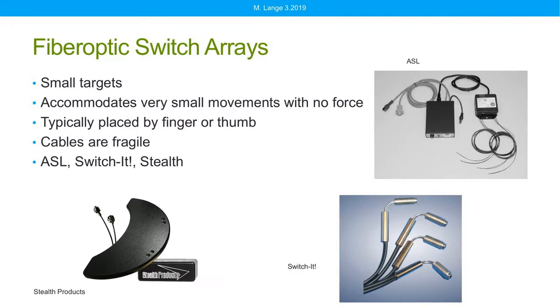A non-proportional option that captures very small movements is the fiber optic switch arrays. So fiber optic switches work by emitting a beam of fiber optic light. When that light encounters an obstacle, such as a finger, it's reflected back along the cable, and that's what activates the switch.